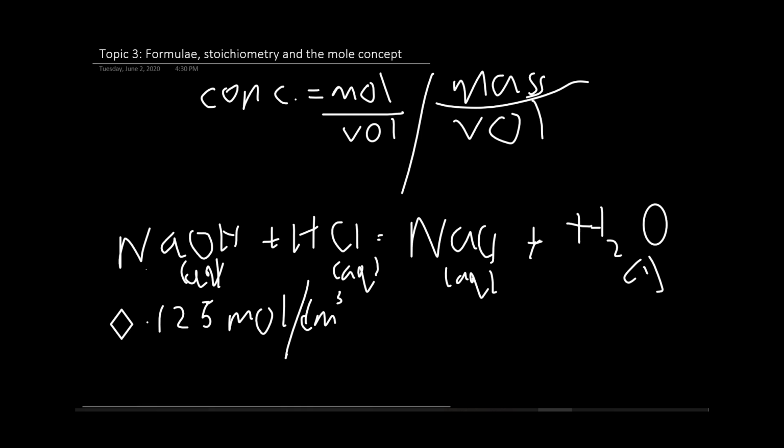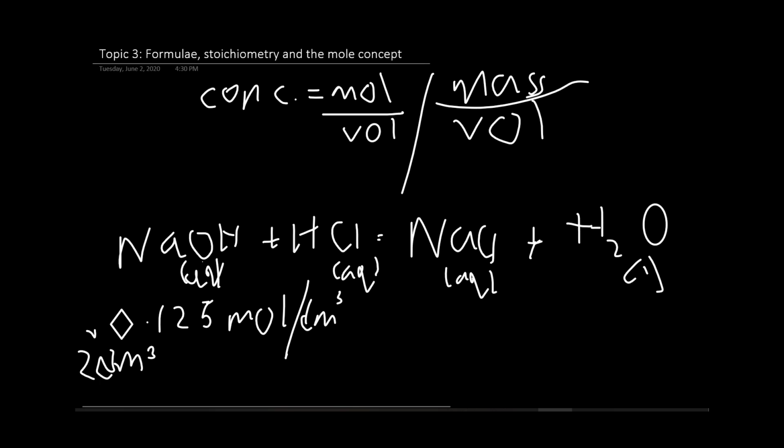You'll be asked what mass of sodium hydroxide will be required to react with, say, 2 dm cube of 0.125 mole per dm cube hydrochloric acid. So let me write that here, just to highlight it. So your question is, what mass of sodium hydroxide will be needed to react with 2 dm cube of 0.125 mole per dm cube hydrochloric acid.